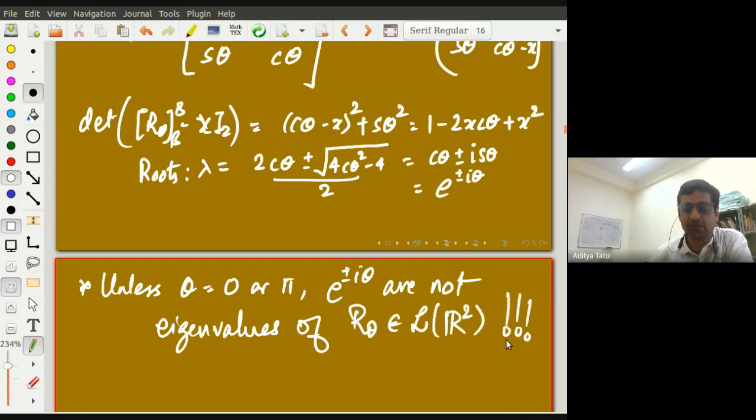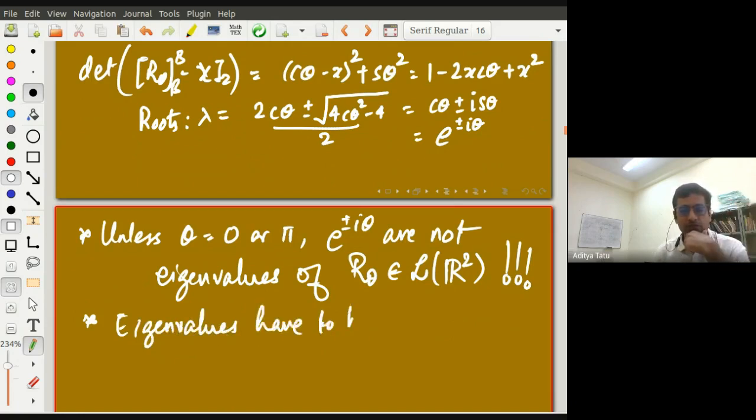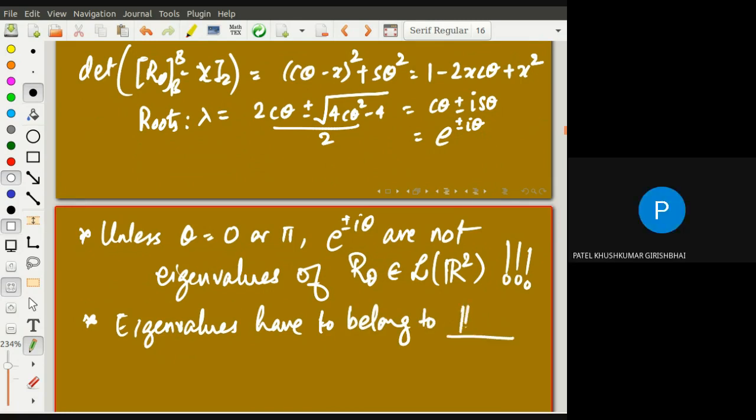Please remember. In other words, in general, the eigenvalues have to belong to, fill in the blank. Field. The field of the vector space. Exactly.